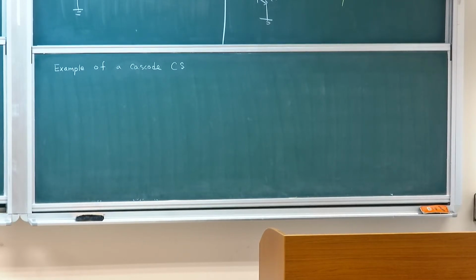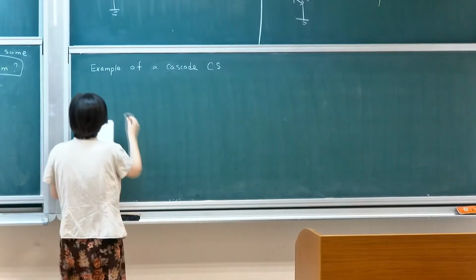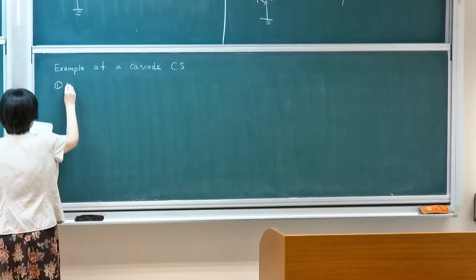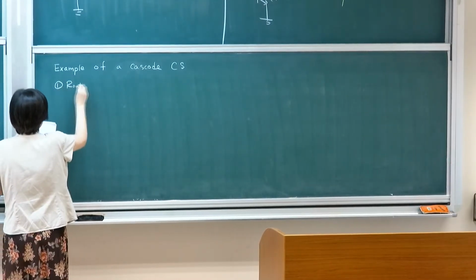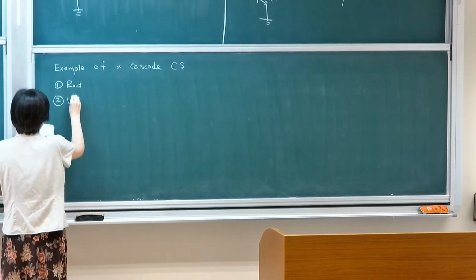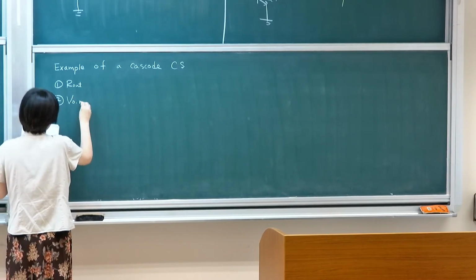For example, this is VD set. So we know that it only works when it's above a certain biasing level. The example of cascode, the concern is R out. The other is its VO minimum or maximum.